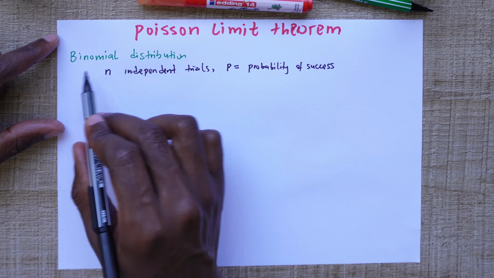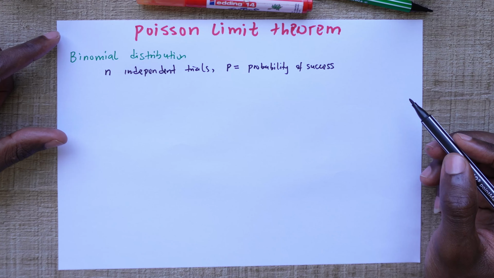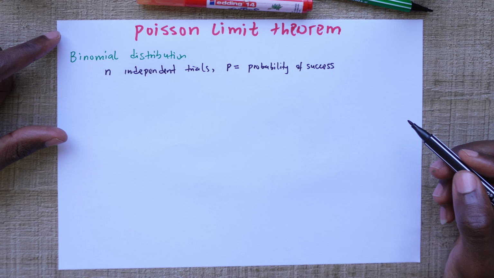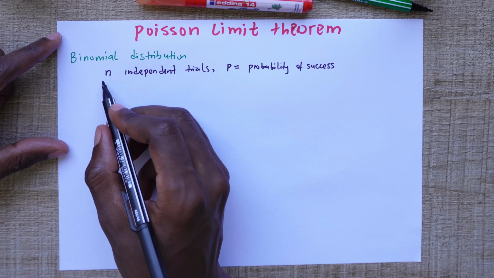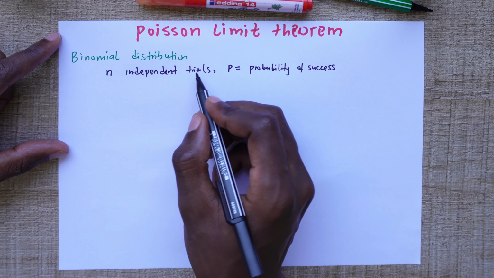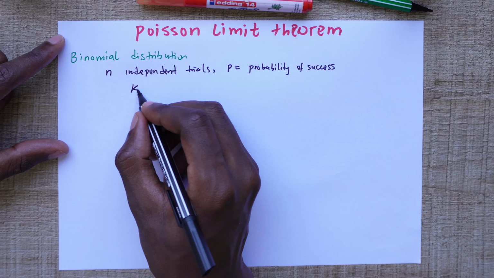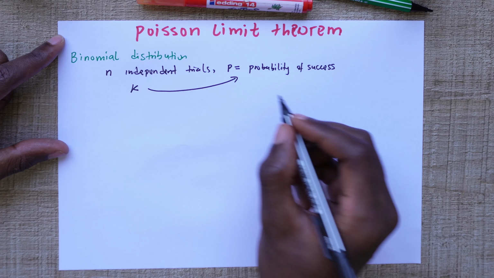Then the binomial distribution can enable you to calculate the probability that out of the n trials that you are going to perform, k of them are successes.